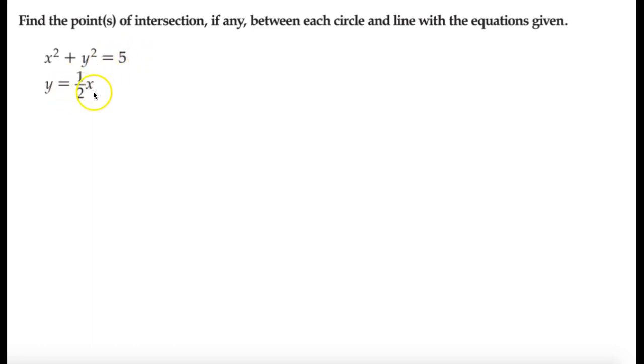Right? We can use substitution, which is something you've done in Algebra 1. Right? You've used substitution to solve systems of equations, but you did that with 2 lines. Now we're going to do it with a line and a circle.